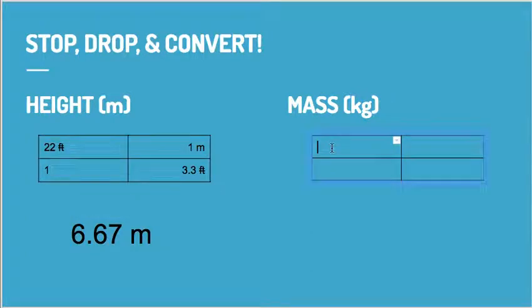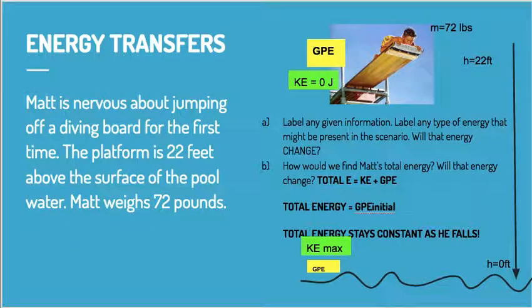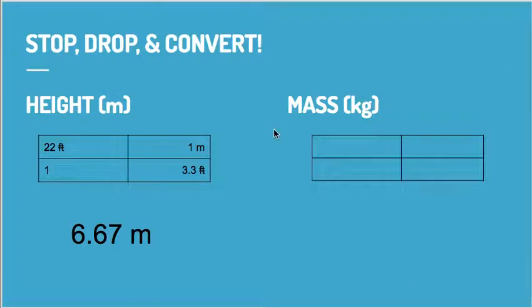And then his mass, let's double check, was 72 pounds. So 72 lbs. We're getting rid of pounds. We're converting to kilograms. And there are 2.2 pounds in 1 kilogram. And let's strike through this and strike through this.